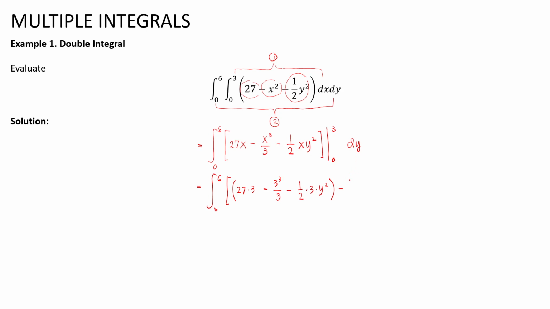Since the lower limit is 0, you can ignore the 0 terms. 27 times 0 is 0. Or if you want, you can show 0 minus 0 minus 0, but it's not necessary because it's 0.